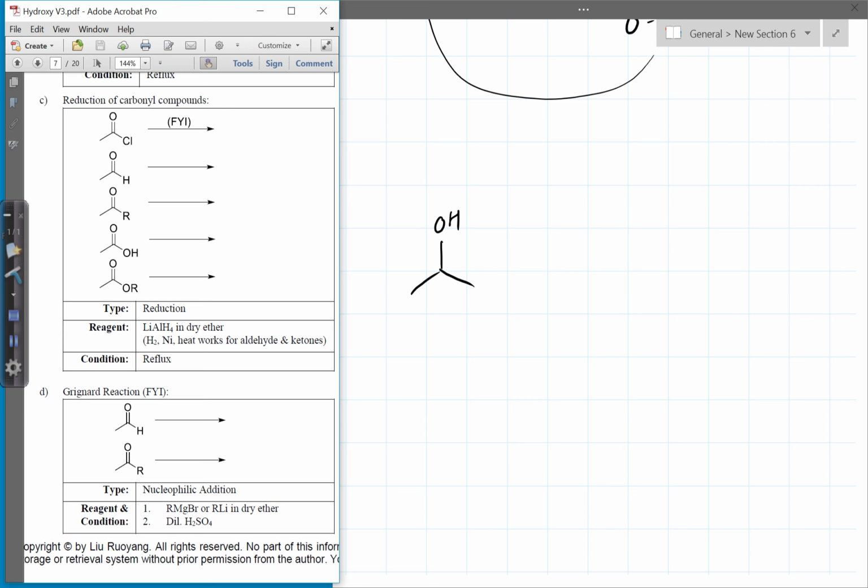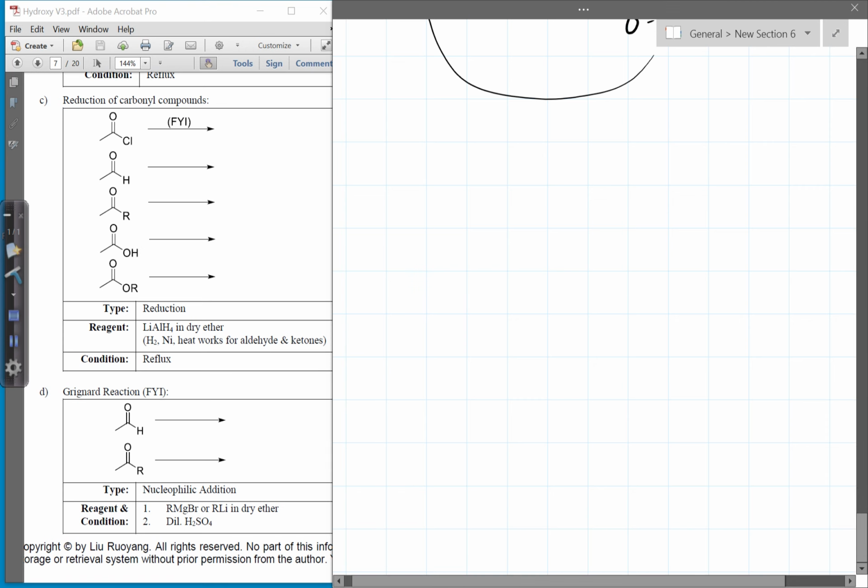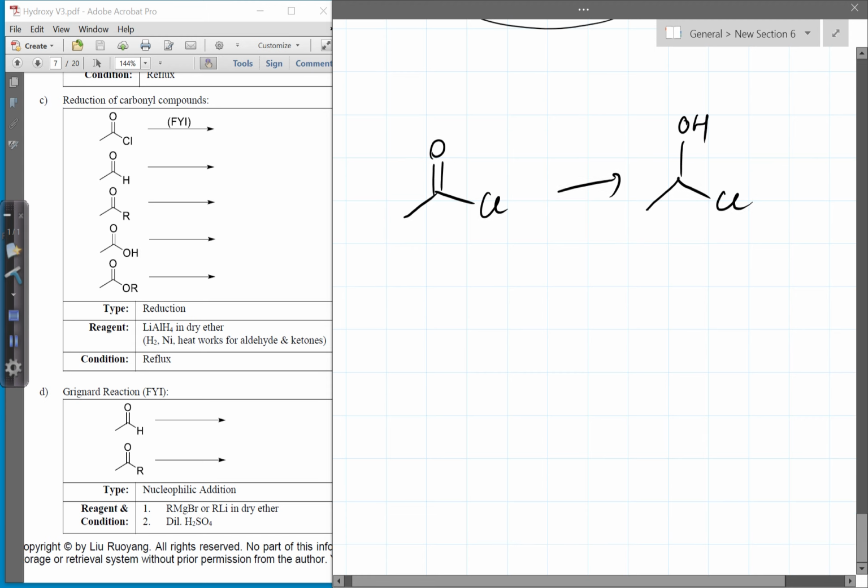The next one is the reduction of your carbonyl compounds. The first one is just for information, because some students ask me, you have all learned carbonyl compounds already, if I reduce this, will I get this? The answer is no. It is not so simple.